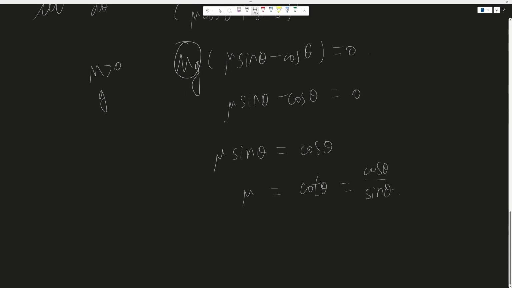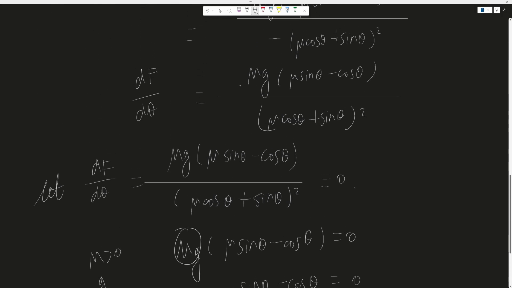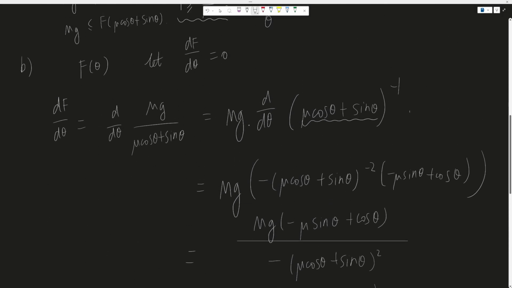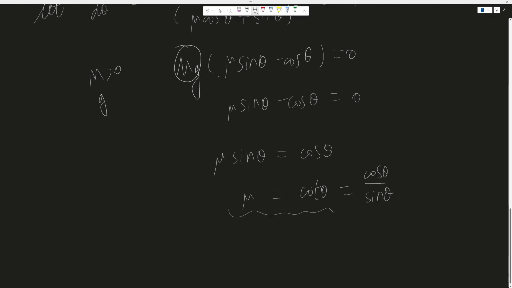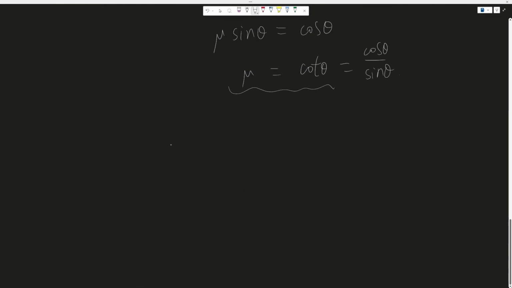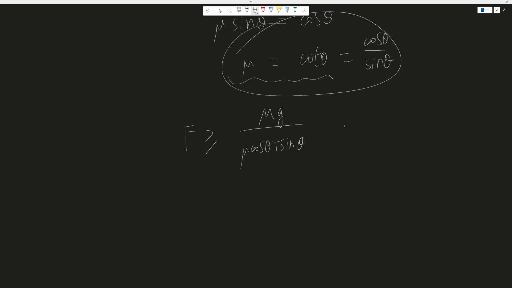And now let's try to plug this expression back in. So we have the expression mg over mu cosine theta plus sine theta. So this bound is F needs to be bigger or equal to mg over mu cosine theta plus sine theta. And since we have the expression here, let's try to make this.